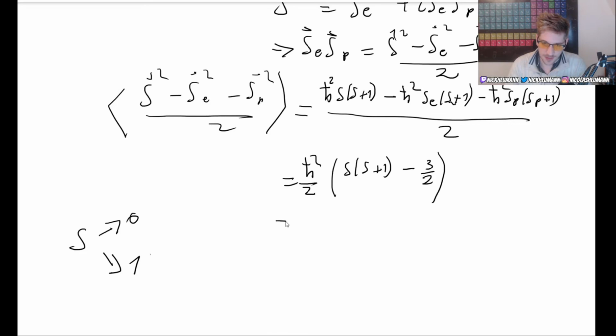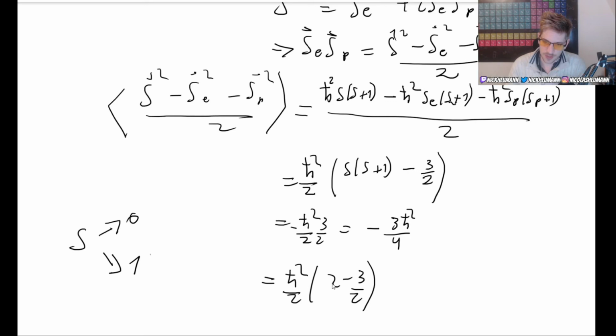If it is 0, then this thing right here will be h bar squared over 2 times minus 3 halves, so minus 3 h bar squared over 4. And if it is 1, then we will have h bar squared over 2 times 2 minus 3 halves, which would be 4 minus 3, which is 1. So we would get h bar squared over 4.